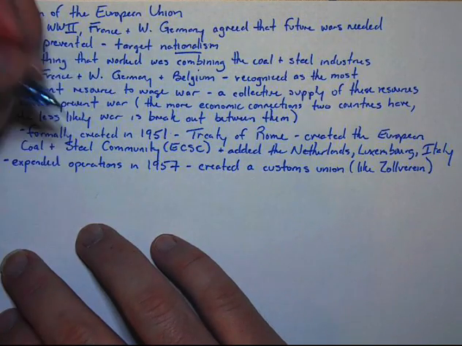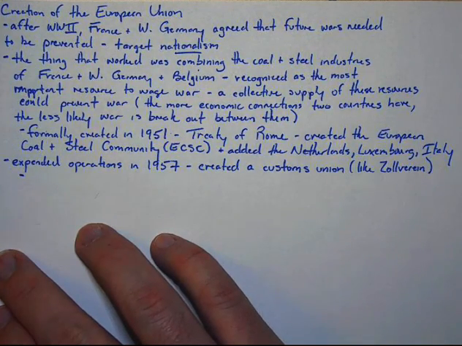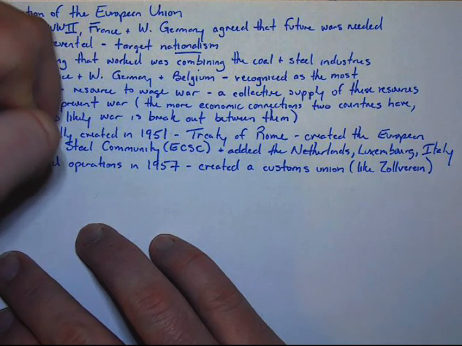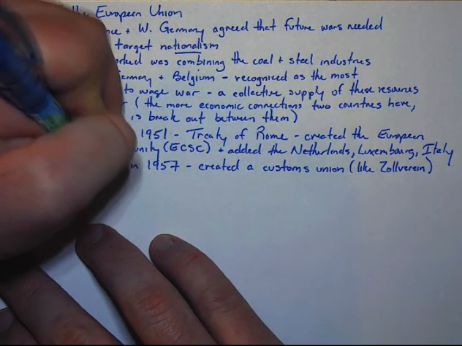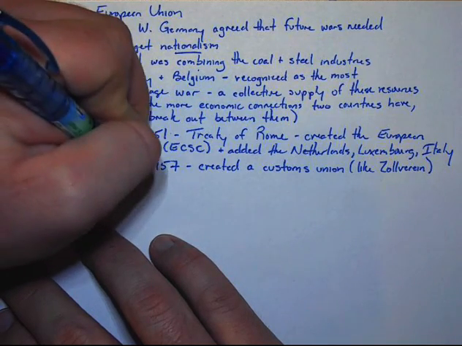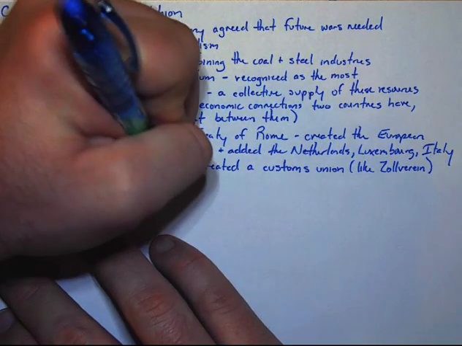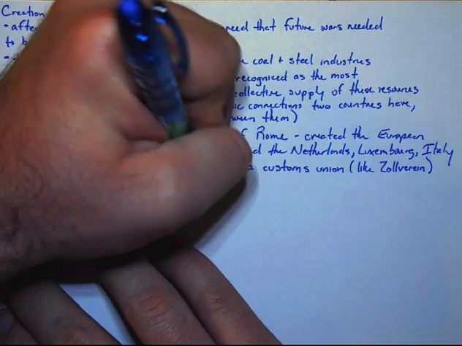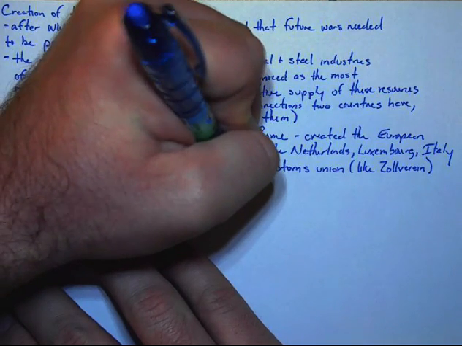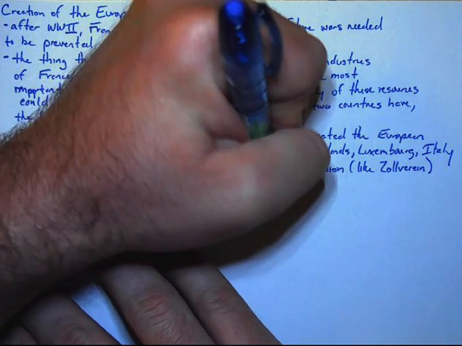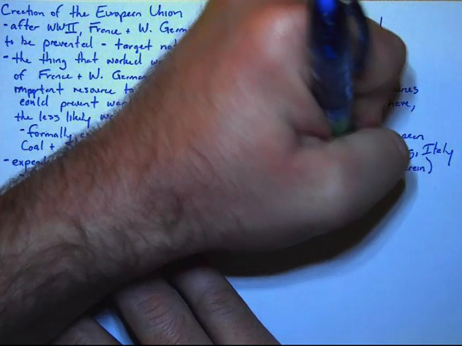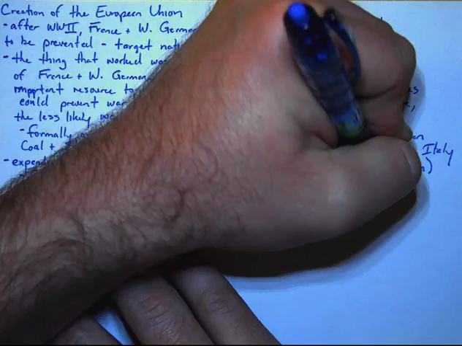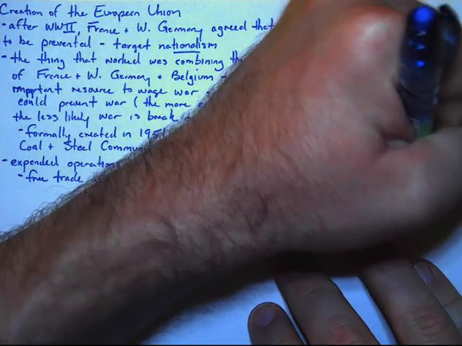So what a customs union does, to refresh your memory, is you have free trade within the union, and tariffs on imports from outside the union. And they all share that tax money.